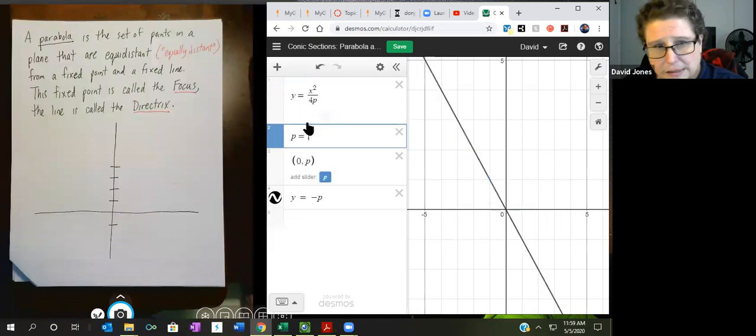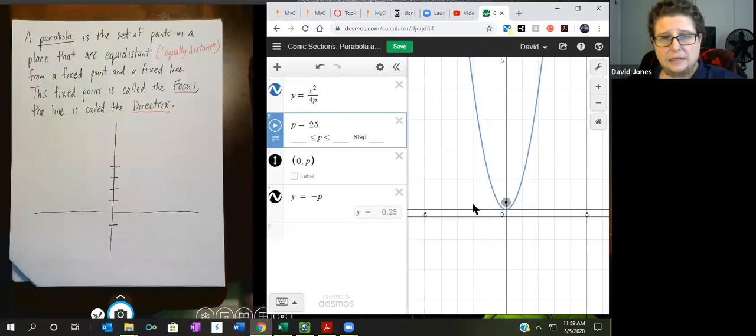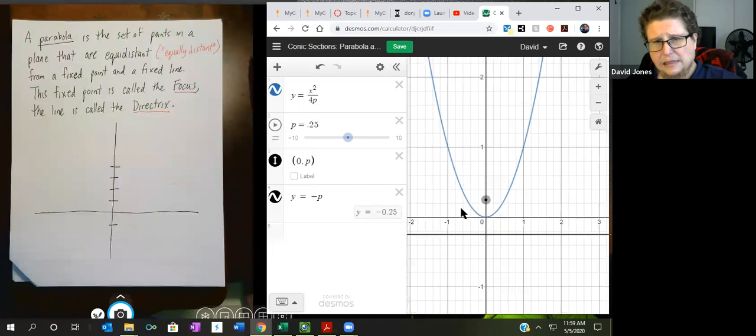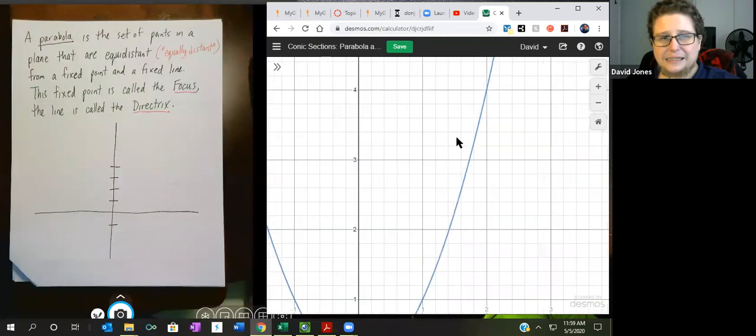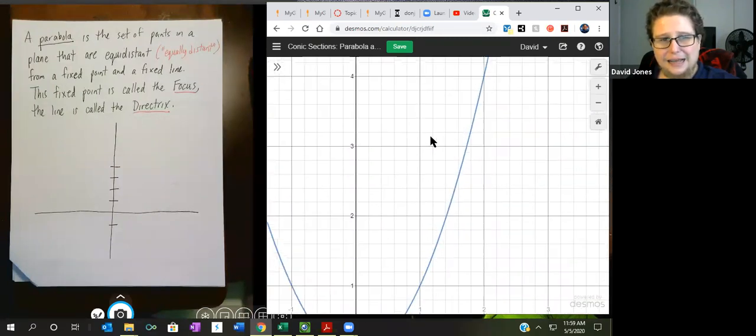That's the problem. There we go. That's a parabola of y equals x squared. That looks a little bit better.